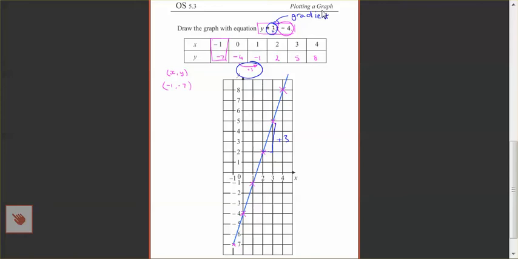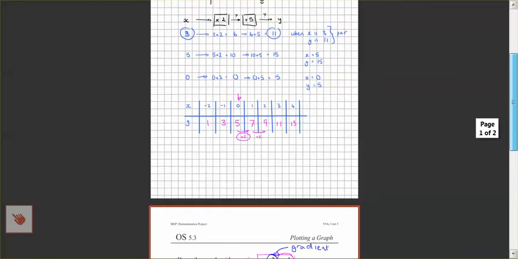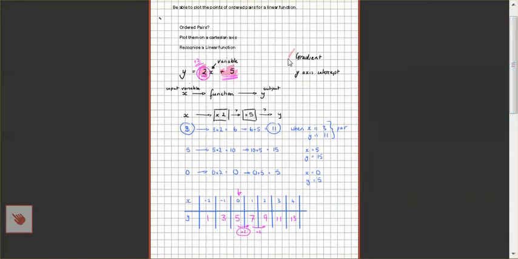So that's the gradient. And then you notice how the 0, minus 4 bit, that one, is this point, which is the starting point, or more appropriately called, if you remember back up here, the gradient and the y-axis intercept.